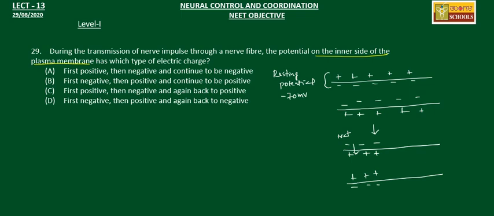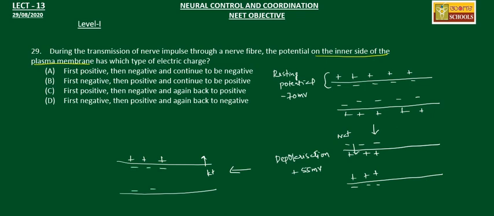Next, as the input of sodium ions is short-lived, it results in the movement of ions out, and that results in the membrane getting back to the resting potential state. Because the ions move outside, the charge again comes back to normal.